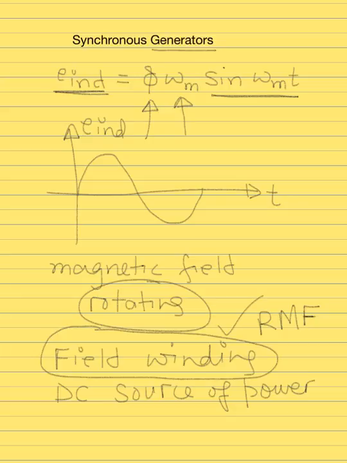Now that's one part. This rotating magnetic field is going to be linked to the coil, or the loop, which we talked about earlier. Let's say that loop is placed inside this rotating magnetic field. We call it a loop with many turns, a coil with, let's say, N_C number of turns.